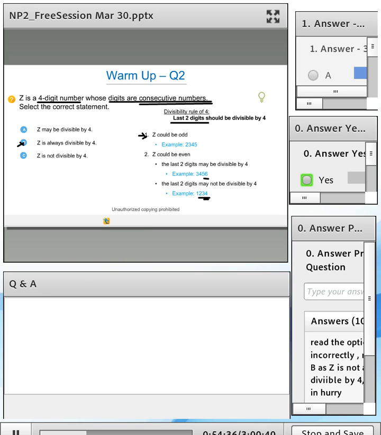So here we have three possibilities that cover the entire span of the numbers that z can take. In the first case, z is not divisible by 4. In the second case, z is divisible by 4. And then there is another case in which z is not divisible by 4, which means that the correct answer here is choice A, z may be divisible by 4. Okay.